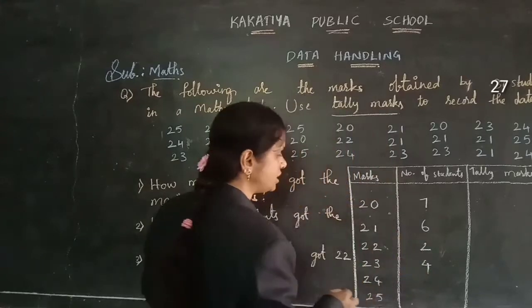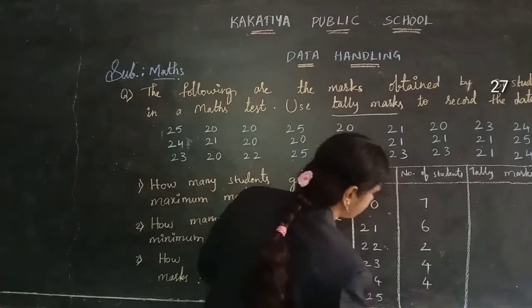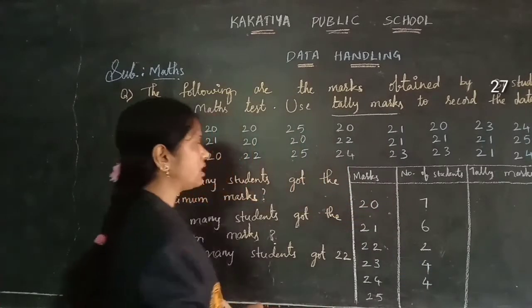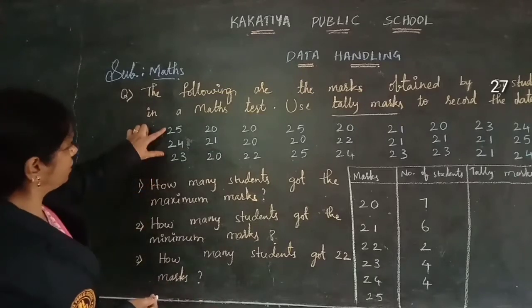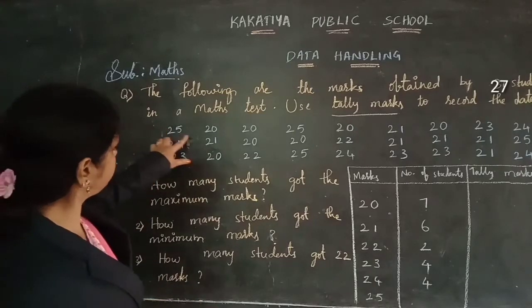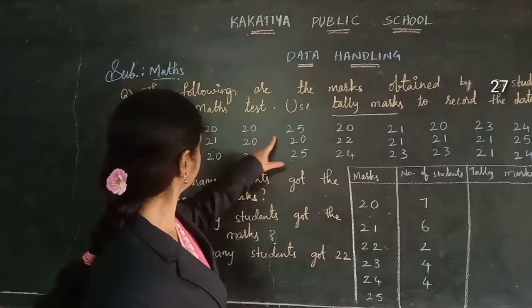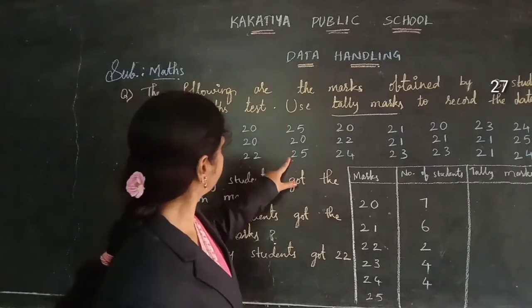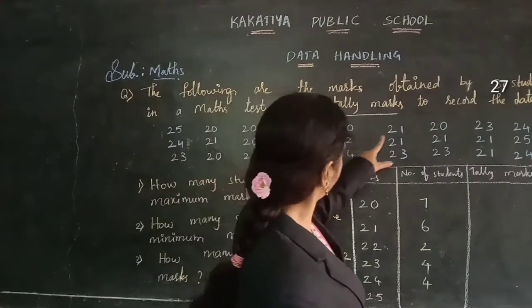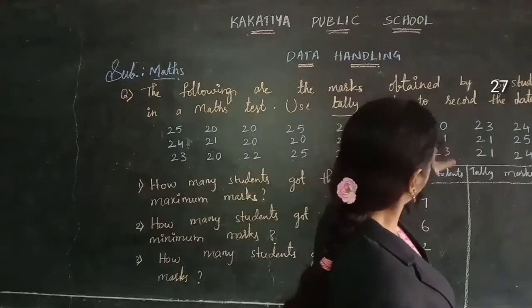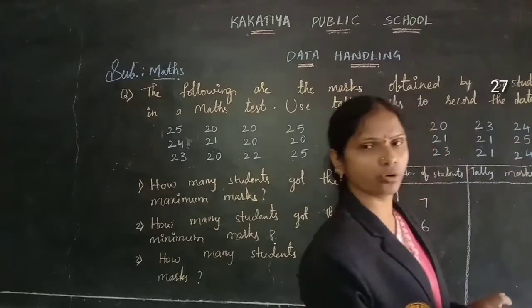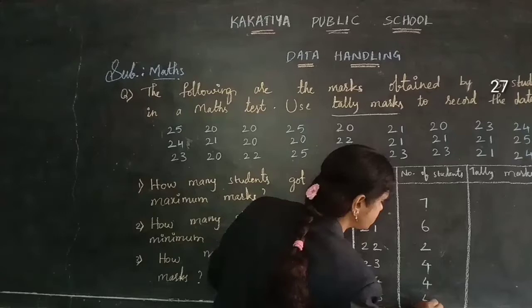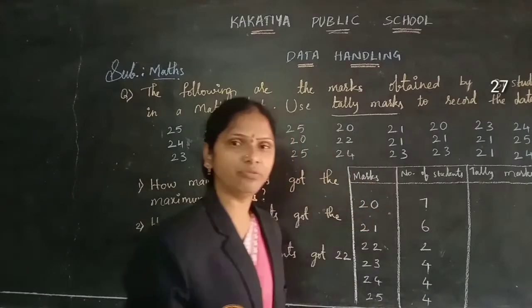So 4 students obtained 24 marks. Now let's count for the 25 marks. 1, 2, 3, 4. So 4 students got 25 marks.